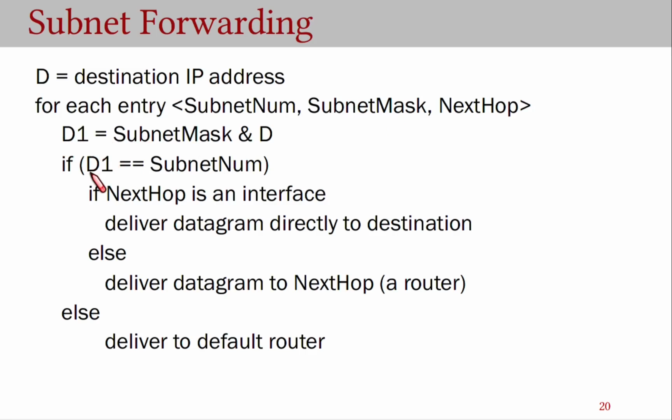If the subnet number that we got is the same as the subnet number of that entry, then if the next hop is an interface, we just simply deliver this datagram to the destination. Otherwise, we deliver the datagram to a next hop, which would be a router. Otherwise, if none of these entries match, then we simply deliver to the default router.